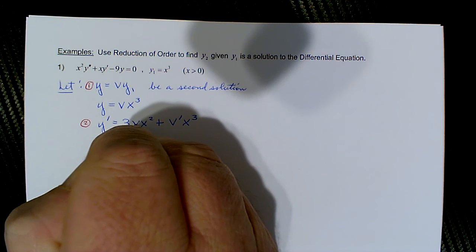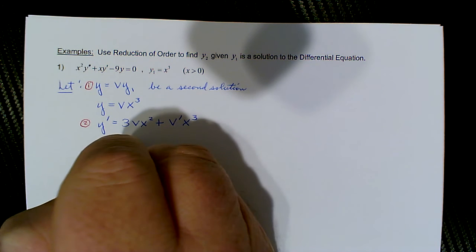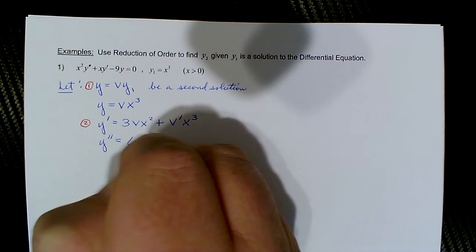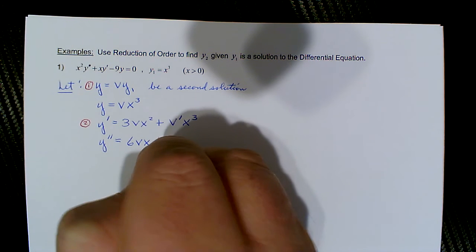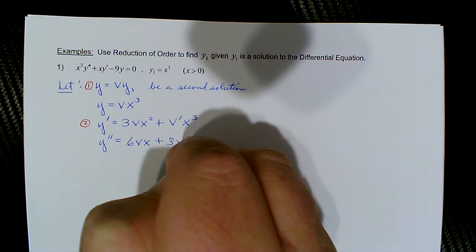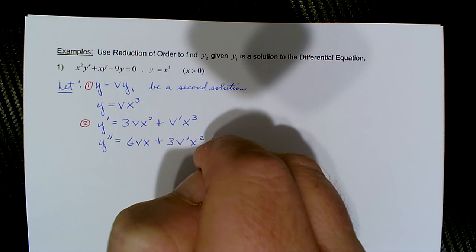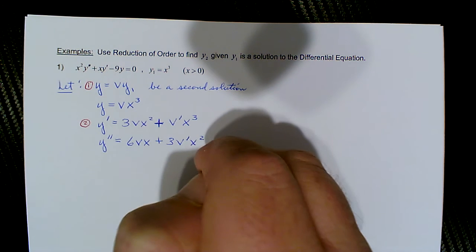So the first factor, 3v, times the derivative of the second, the derivative of x squared, 2x. So that would make 6vx. Plus the second factor, x squared, times the derivative of the first, and the derivative of 3v would be 3v prime. So 3v prime x squared. And let me make this plus a little bit more exaggerated.